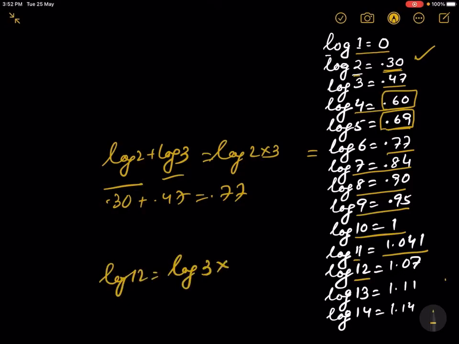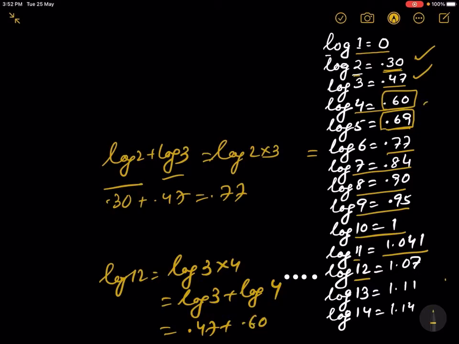Log 3 is 0.47 and log 4 is 0.60. By adding 0.47 with 0.60, the value is found to be 1.07. You see 1.07. Then log 13 is 1.11, log 14 is 1.14.